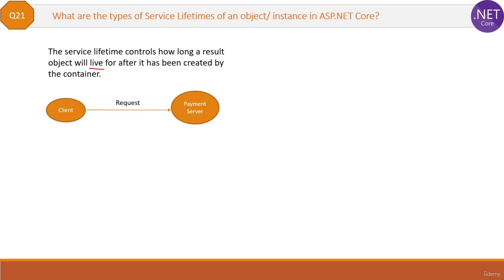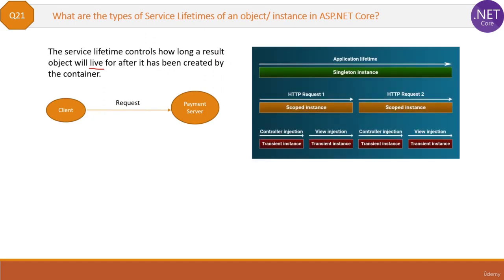Now the life of those objects depends on the way the object is created. The objects can be created in three ways. The three ways are AddSingleton, AddScoped, and AddTransient. So let's see the types one by one in upcoming questions.